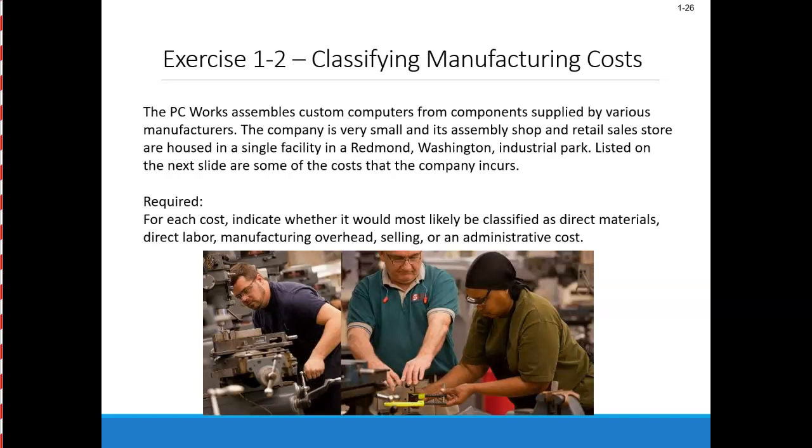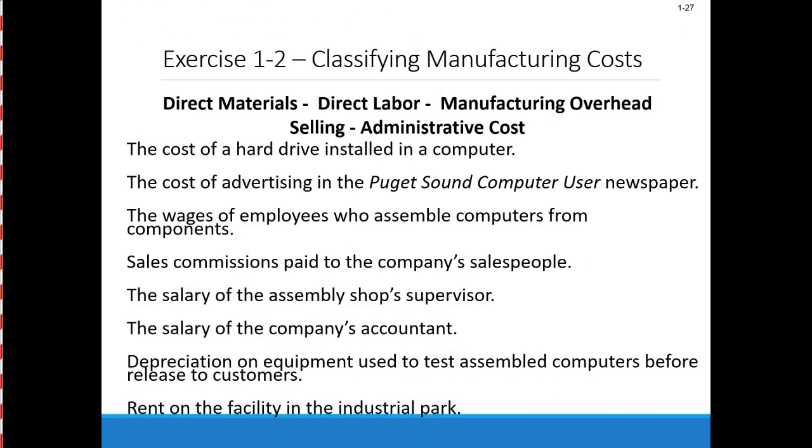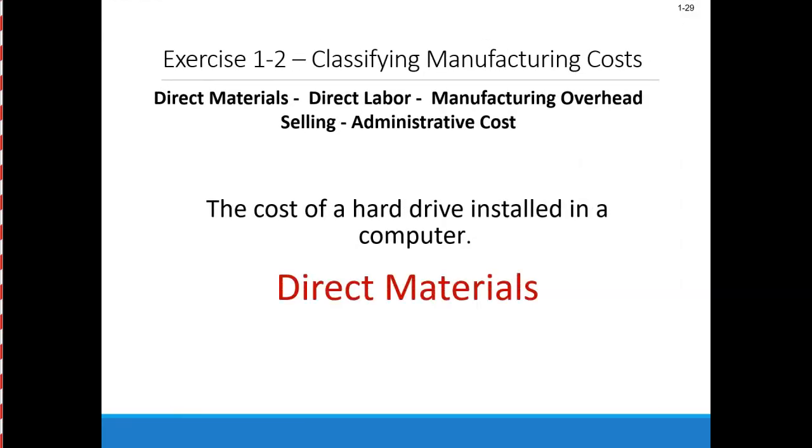For each cost, indicate whether it would most likely be classified as direct materials, direct labor, manufacturing overhead, selling, or an administrative cost. The cost of a hard drive installed in a computer. You think that's a direct material cost? I think so, right?